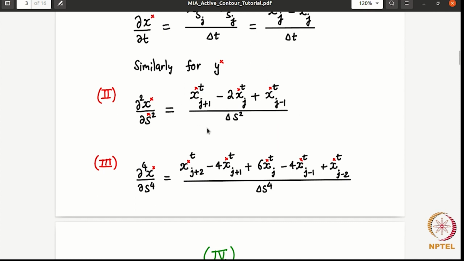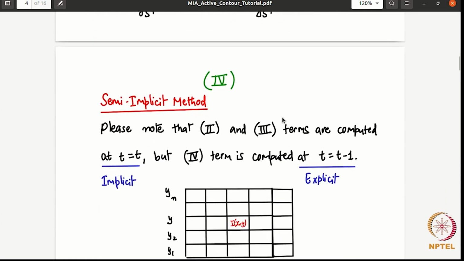This is common when we solve a partial differential equation using fully implicit methods. Then what we do, we calculate spatial derivatives at present time, right? So it looks like an implicit kind of thing.